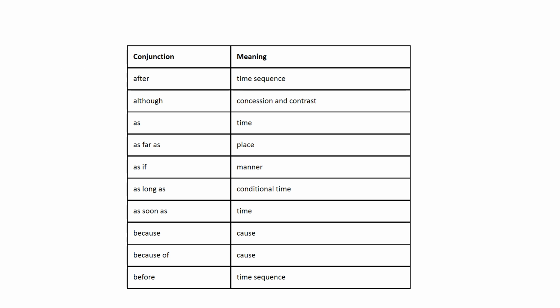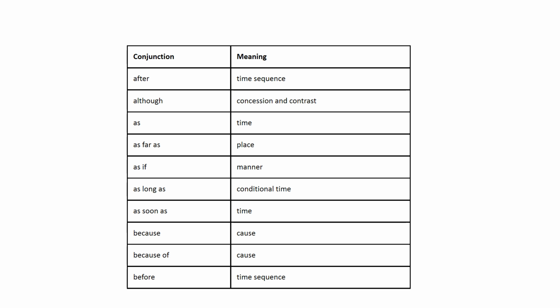So, I present here a table of the common conjunctions and the respective meanings. So what can you use if we're talking about time? You have after, as soon as, before. Although is used to indicate concession and contrast. What else? As long as, time, but with a condition, conditional time.